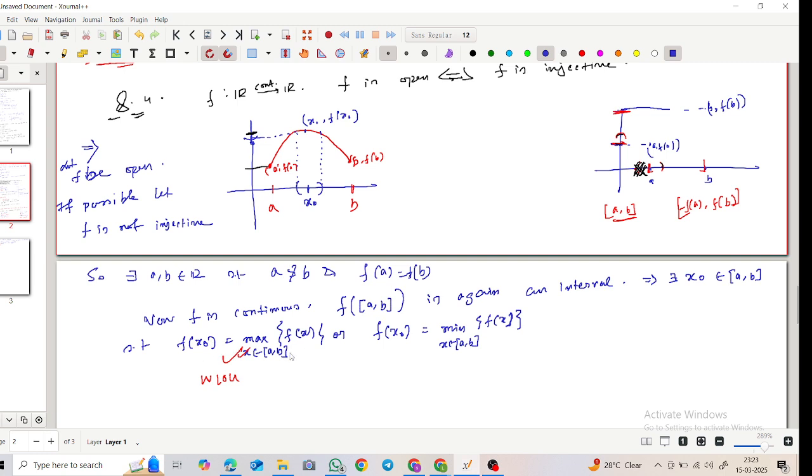If x naught is so, by definition there exists delta greater than 0 such that, just a minute.